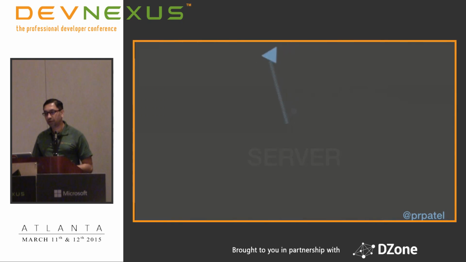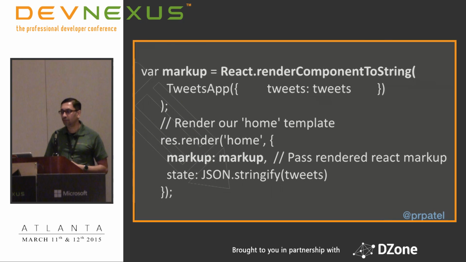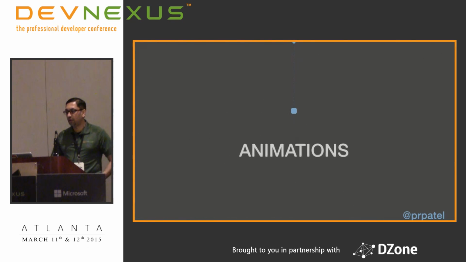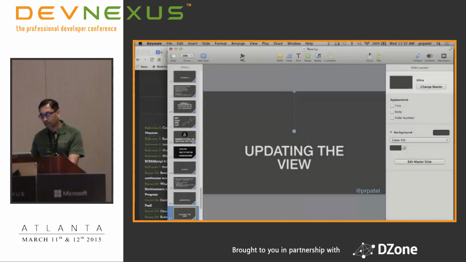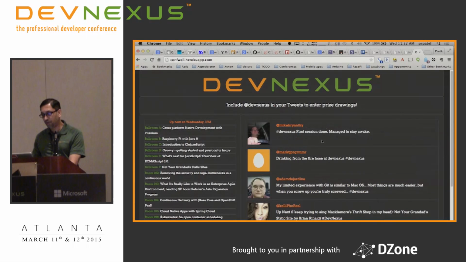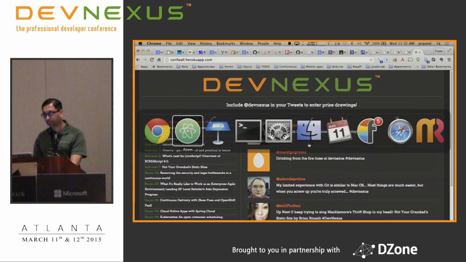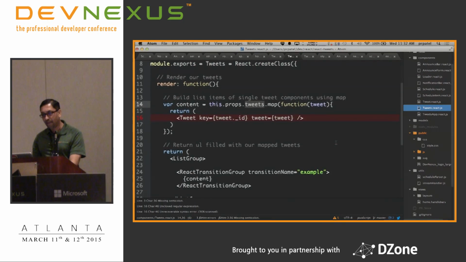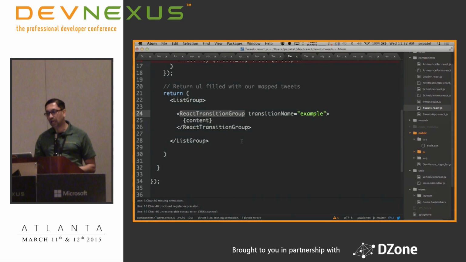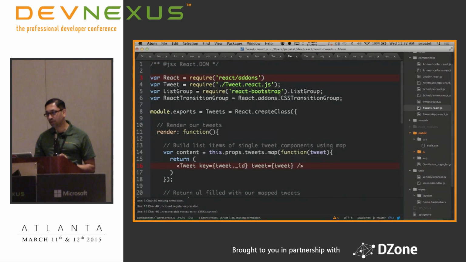Okay. We talked about the server code already, and I want to end with a couple of interesting things. So, in terms of doing animations, if you remember, whenever a new tweet comes in, it slides in from the right to the left. What we're actually doing for that, if we look at our tweet component, is using a React transition group, specifically a CSS transition group.